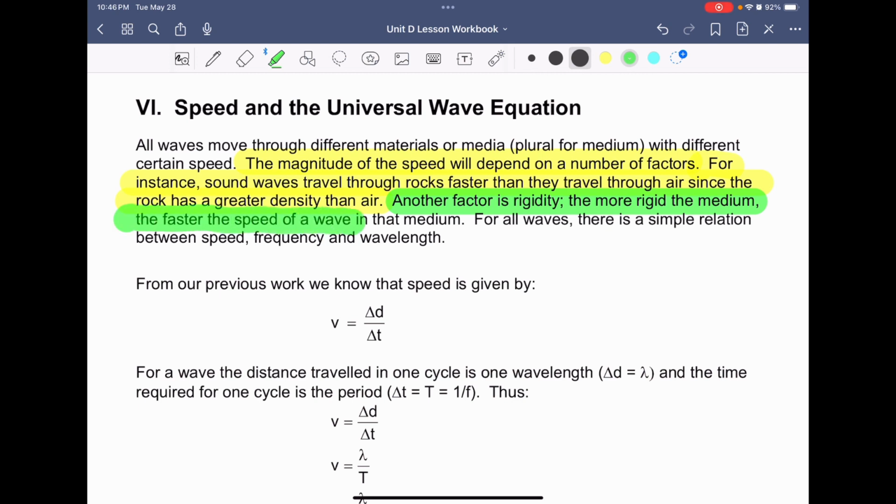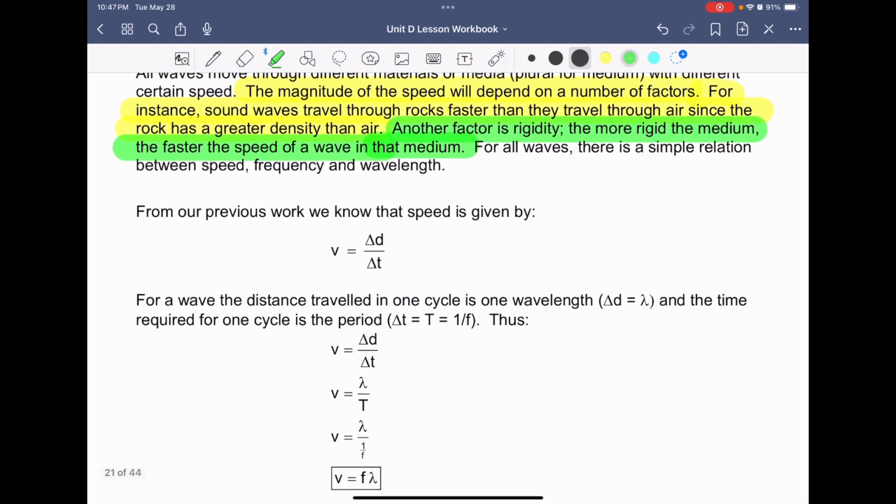The more dense or more rigid the medium, the faster the speed of the wave, because that means there are tighter packed molecules and particles, and tighter packed particles are going to more efficiently transfer their energy than something like air that's more separated and has less contact between the particles, meaning less efficient transfer of energy, and so we don't see the speed as fast.